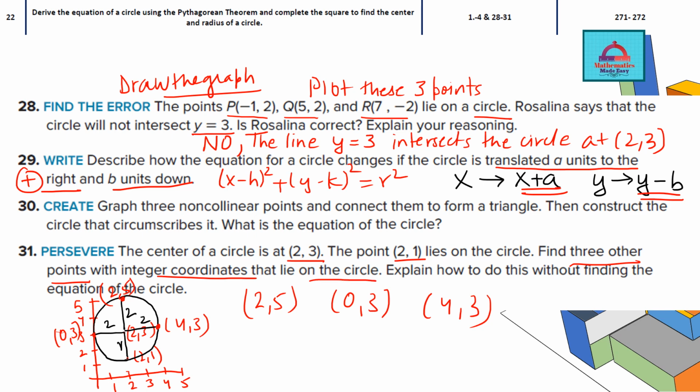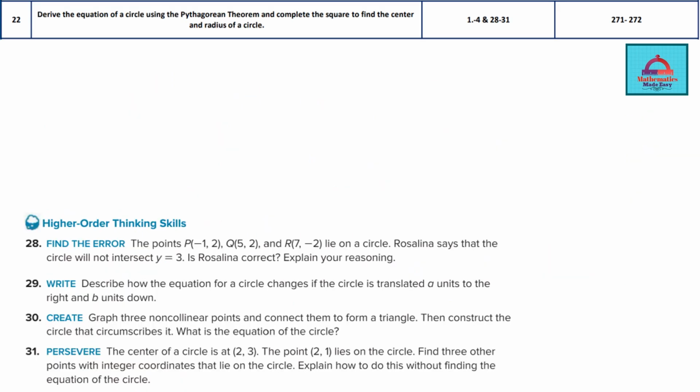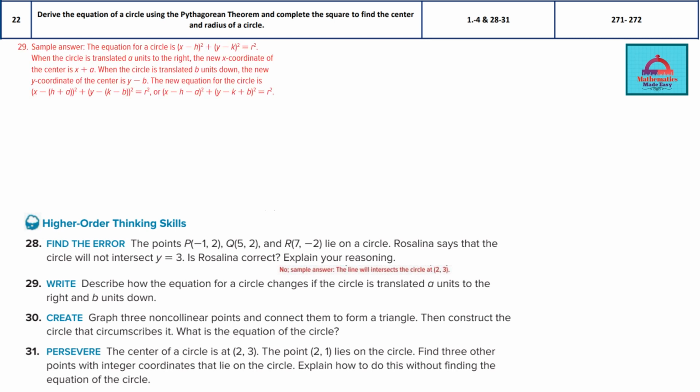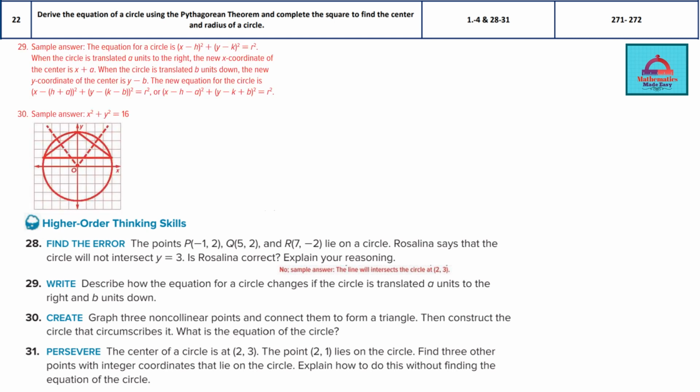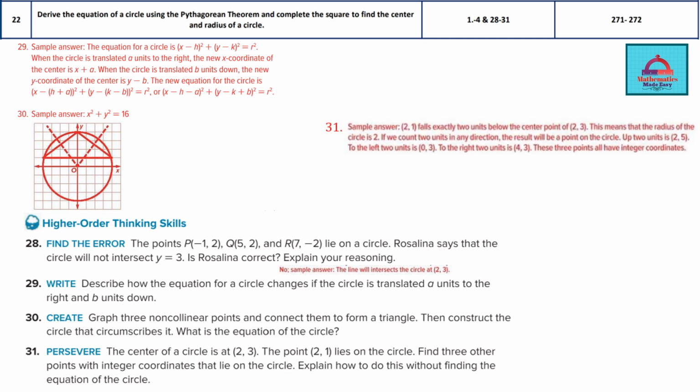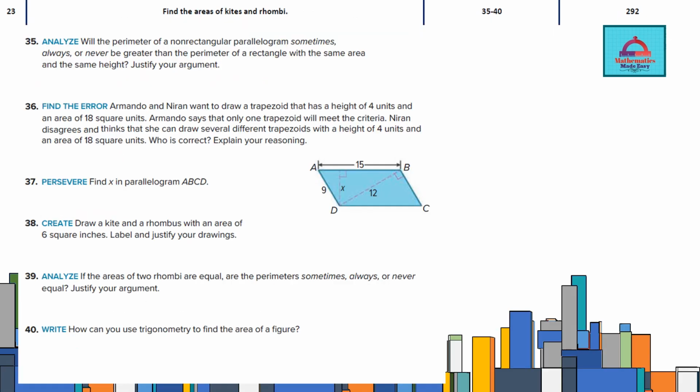The trick for this question was to draw the graph, and then there's no need to use the equation of the circle. Now you can check your answers. I have provided on this slide the sample answers for questions 29, 30 and 31. As you see, we have already solved the working of the question in the previous slide. Solve questions 35 to 40.